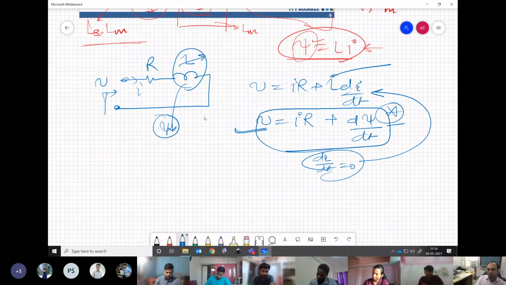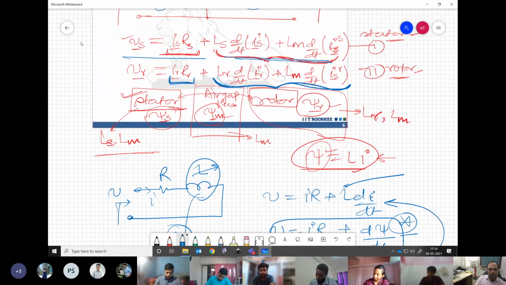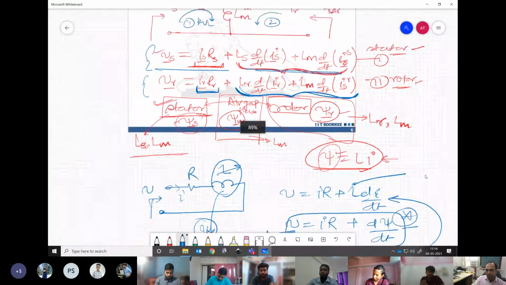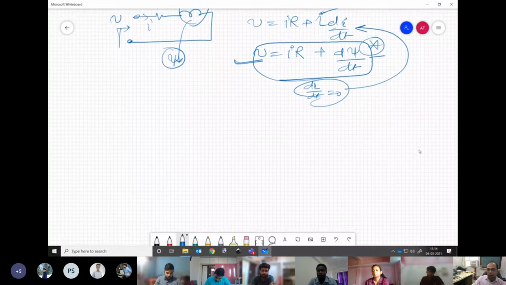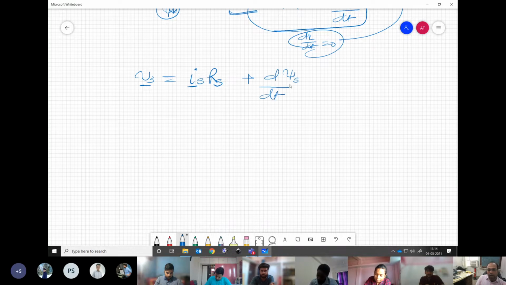So this is what we will use, and we will express these two equations in that general form. The voltage that we have applied on the stator and rotor side has in general two components. One is what is dropped in the resistor, and then the rate of change of flux. Now which flux?